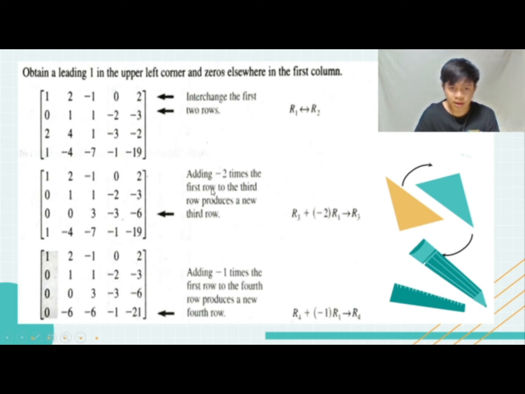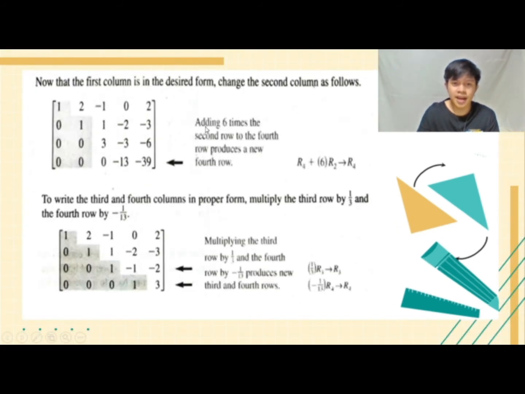Kung dito, adding negative 2, adding negative 1, dito po sa kabila is adding 6 times the second row to the fourth row produce a new fourth row. So, magsisimula na din po tayo dito sa fourth row.